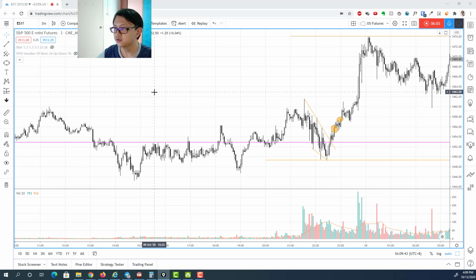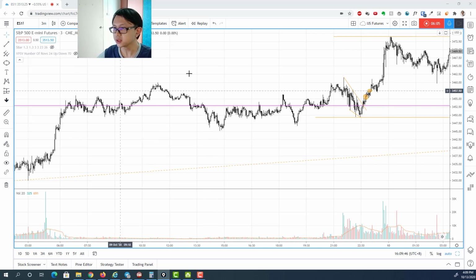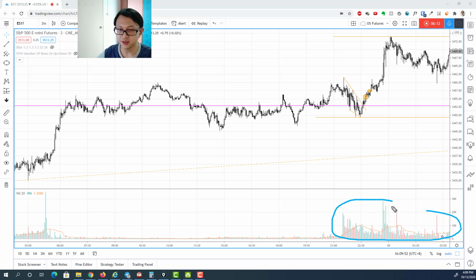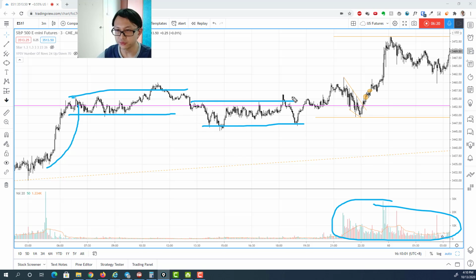But before I dive straight into the setup, let me give you a bit of context here. Prior to the Friday session, we had a ramping up, followed by a consolidation, a horizontal type of range.